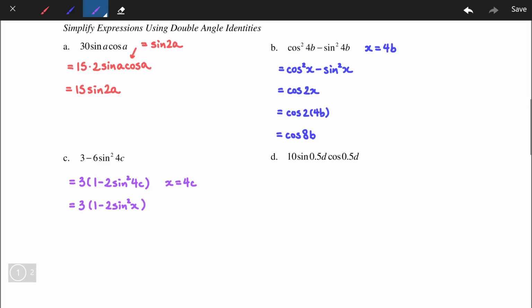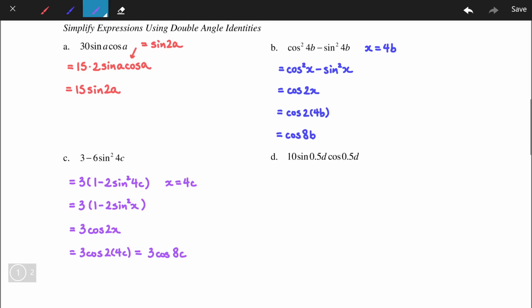Of course, that means we can use the cosine double angle identity to rewrite this as 3 and then cosine 2x. And then we can substitute 4c back into the expression. So we have 3 cosine 2 times 4c, which of course is 3 and then cosine 8c.